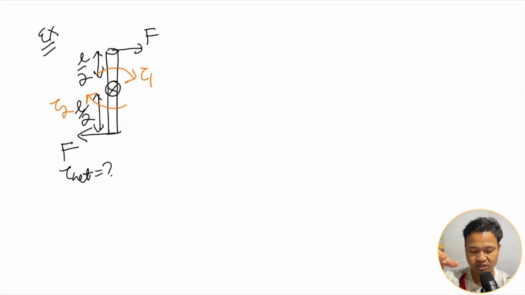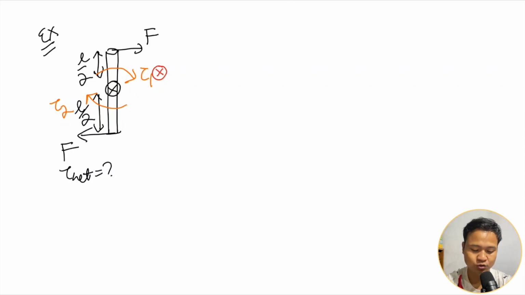Now the direction of torque. For torque 1, if I apply the right hand thumb rule, rotating clockwise, my thumb goes into the page. So the direction of torque 1 is into the page. Here I have to write cross means into the page, dot means outward. Okay, cross means inward.